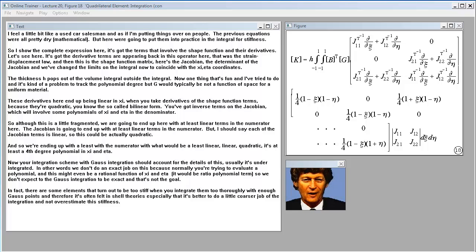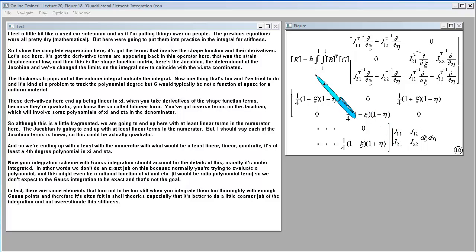I feel a little bit like a used car salesman, and as if I'm putting things over on people. The previous equations were all pretty dry mathematical, but here we're going to put them into practice in the integral for stiffness. So I show the complete expression here. It's got the terms that involve the shape function and their derivatives.